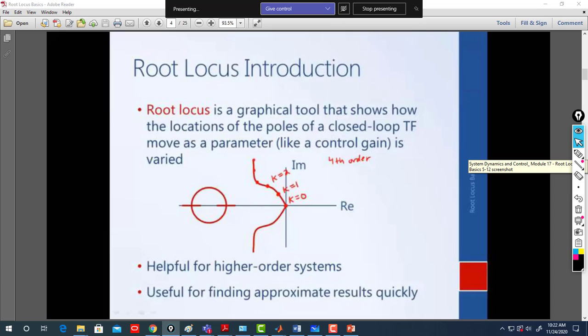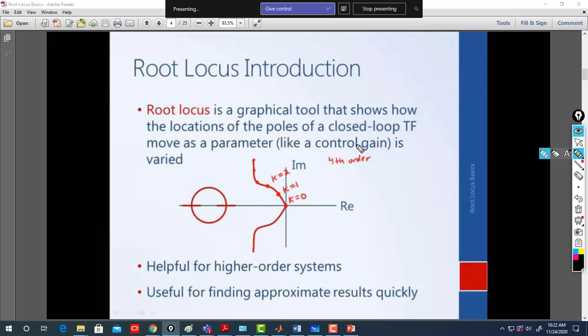Root locus is a graphical tool that shows how the location of the poles of the closed loop transfer function moves as a parameter is varied, like a control gain. Up to now we are only seeing P gain. K is moving.